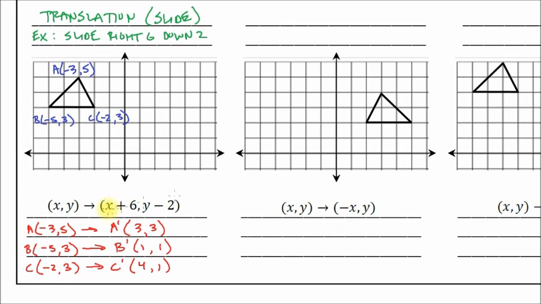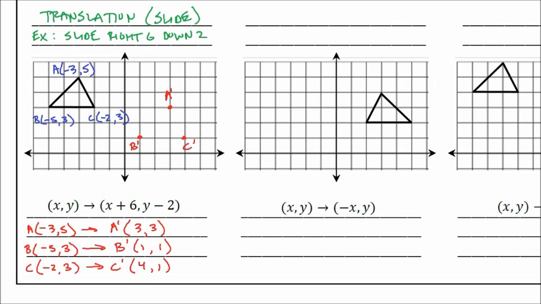Alright, let's plot them. So A prime is going to be 3, 3. 1, 2, 3. 1, 2, 3. There's A prime. I'm going to label that. And then B prime is going to be at 1, 1. And then C prime is going to be at 1, 2, 3, 4, 1.